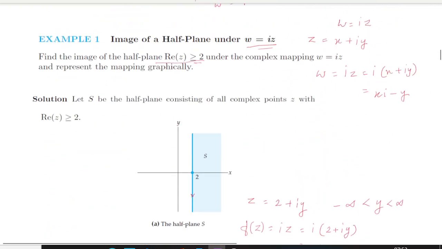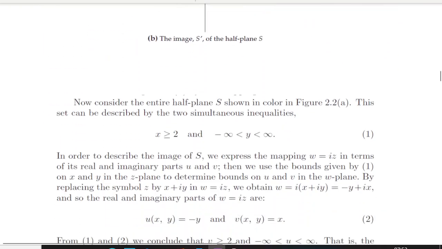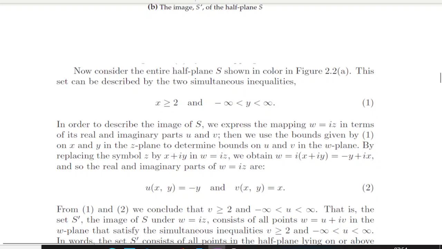Now we are finding the image of an arbitrary point over here, here, and here. So what will be those images? In general, any point lying in that region, that is x greater than or equal to 2, meaning any point you take in this region, its x value should be greater than or equal to 2, and y can vary over the entire real number.